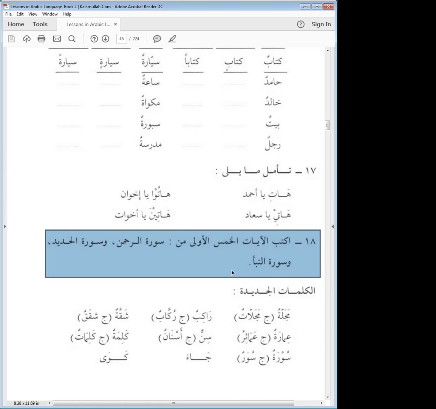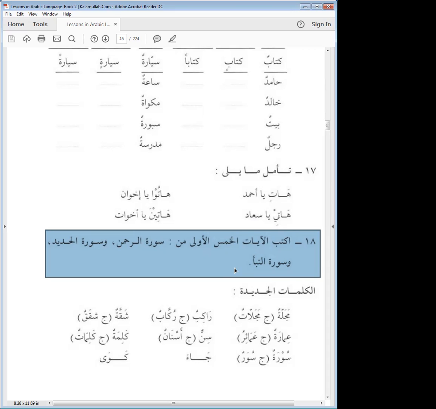Right, the last exercise in this whole chapter is: write the first five ayahs of Surah Al-Rahman, Surah Al-Hadid, and Surah Al-Naba. So inshallah, you try to do that as homework.